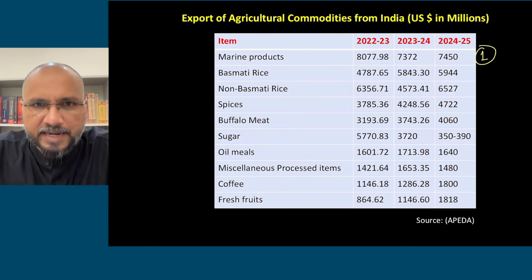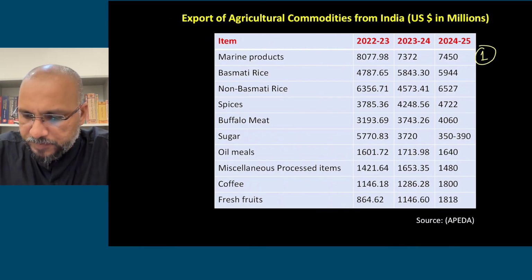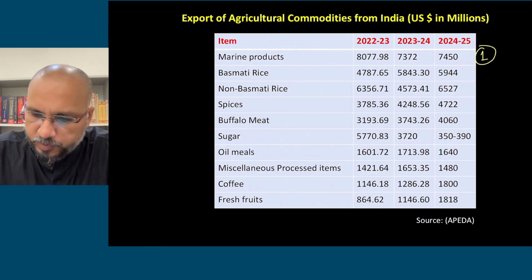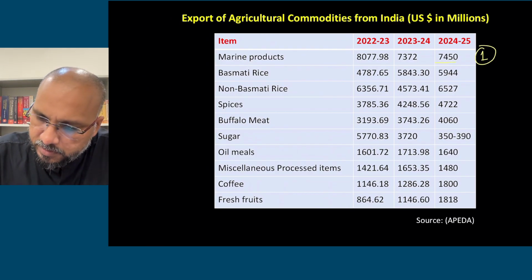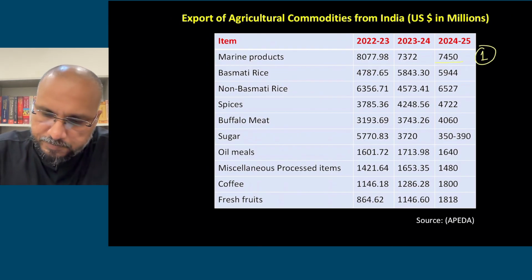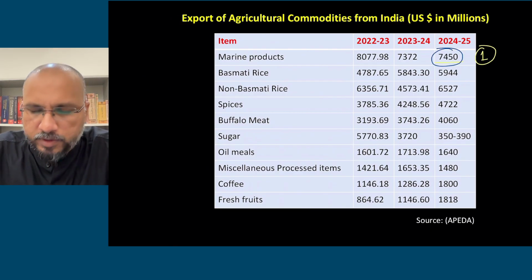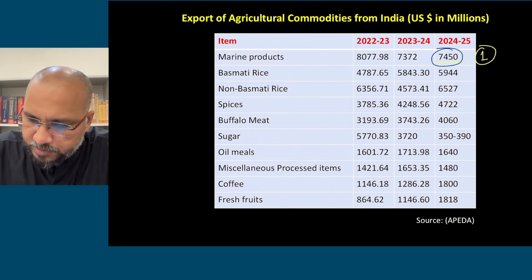The rank may fluctuate a little, the commodity in the second place might be in the third place in the next year, but basically the top 5 remain the same. So marine products is the first one, at 7.4 billion US dollars.